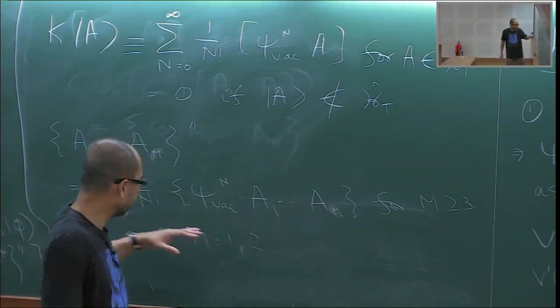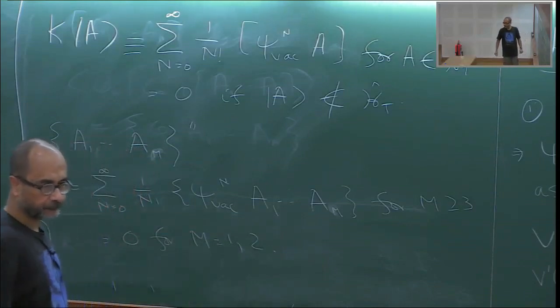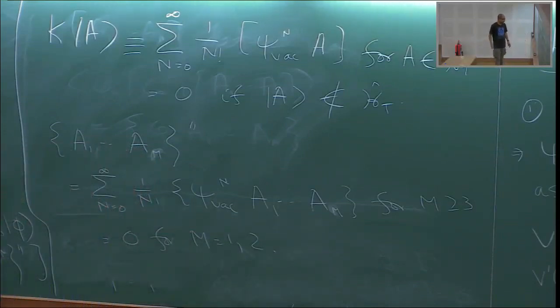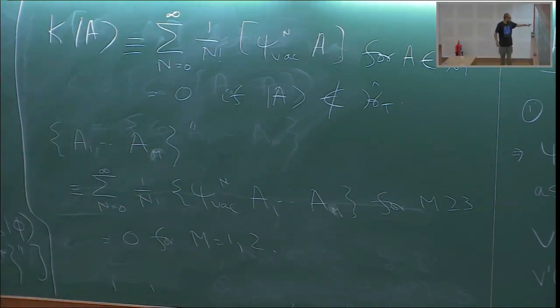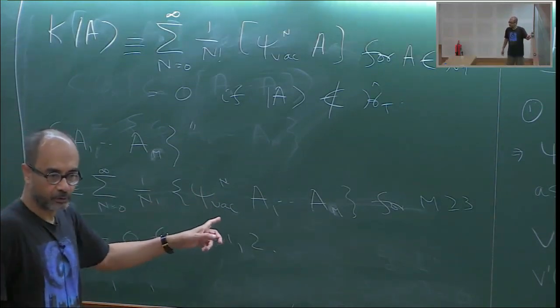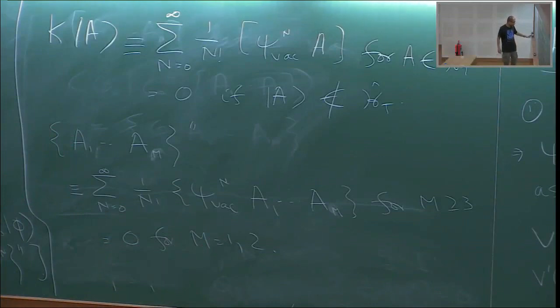That's how you get this part. So this is a straightforward exercise. These are the definitions. Using these definitions, one can easily verify that the original action expressed in terms of phi and phi tilde takes this form. And of course you have to use the fact that the psi vacuum satisfies the classical equations of motion. That's why the linear term in phi goes away.